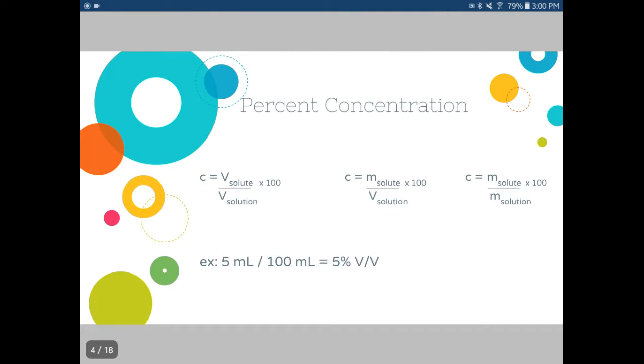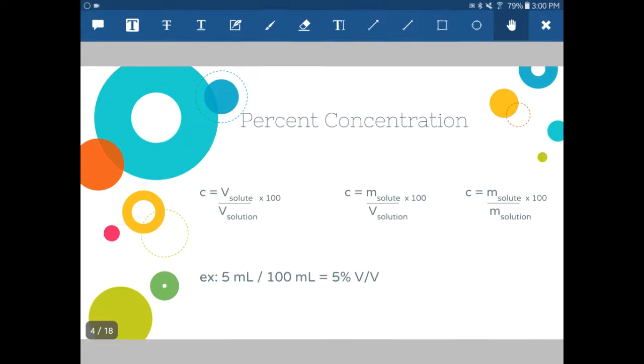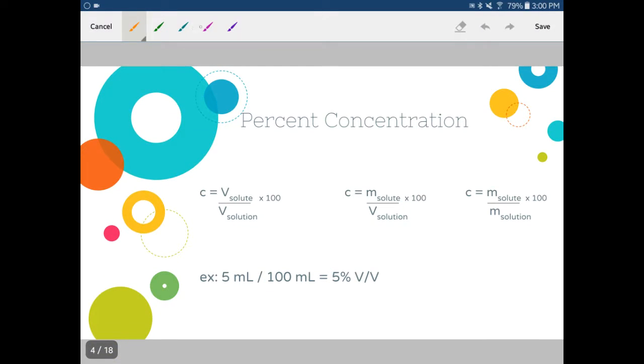The first type of concentration that we are going to discuss is called percent concentration. Percent concentration has three main groups of concentrations that we can calculate. The first is a volume over a volume. Another is a mass over a volume. And an additional one is a mass over a mass.